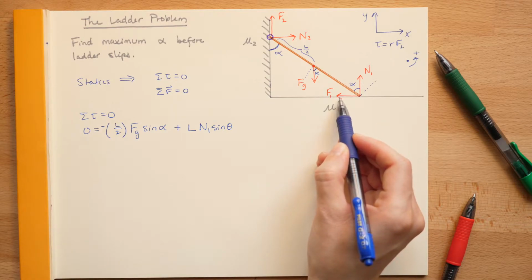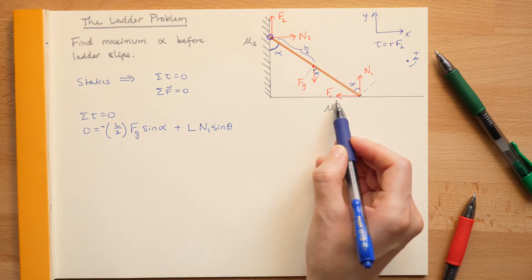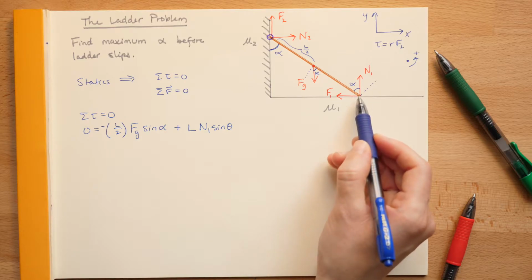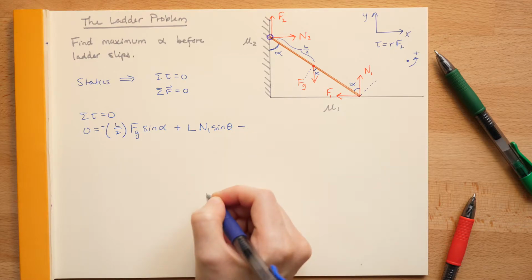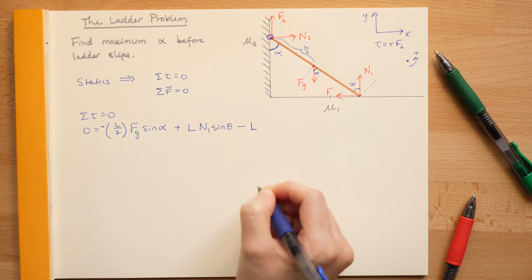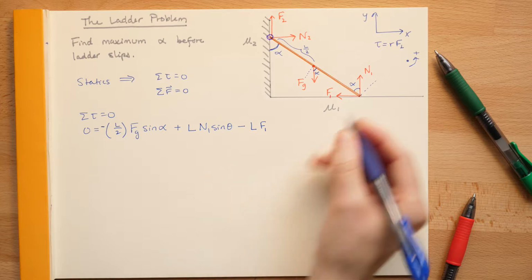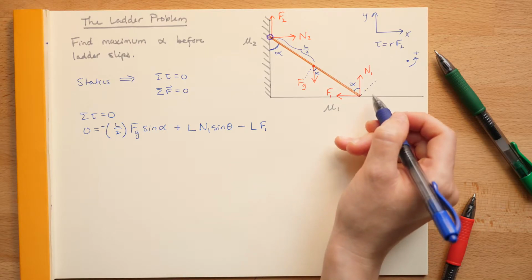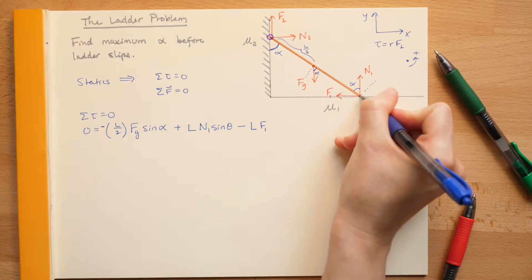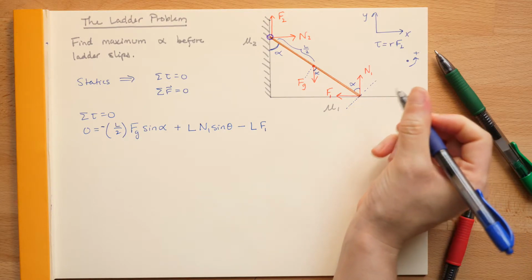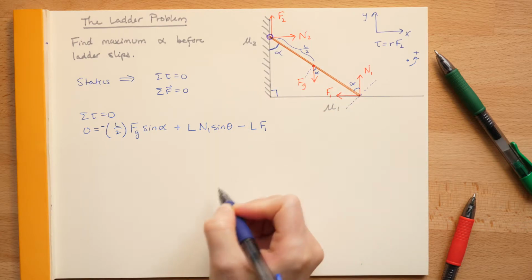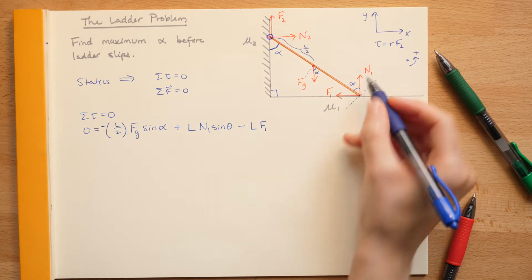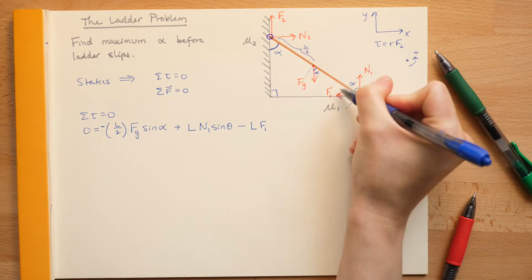Okay, now this last friction force, F1, is going to give us a clockwise torque, so it will be negative. It's a distance L, force is F1, and now we need to figure out the angle. So here, if we draw this little line, this is a right triangle, which means that this angle right here isn't alpha, it's 90 minus alpha.